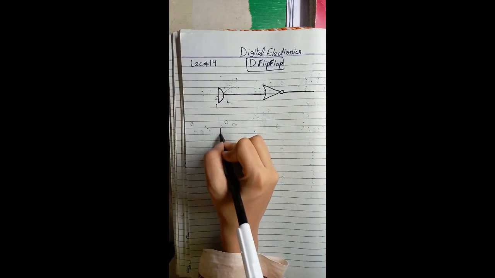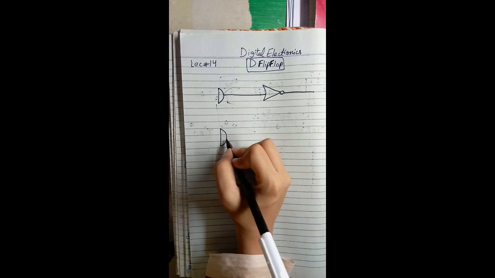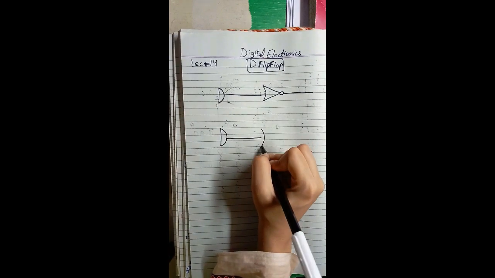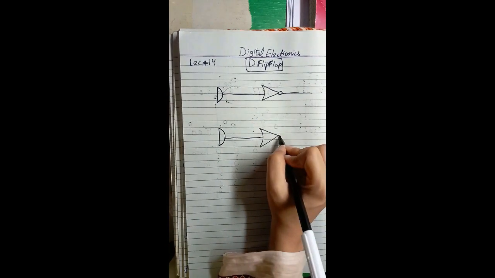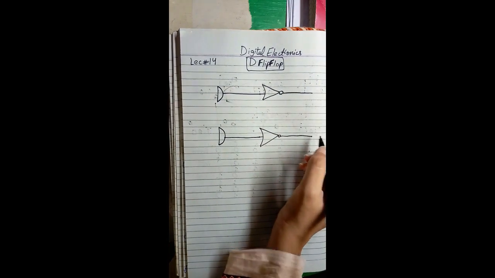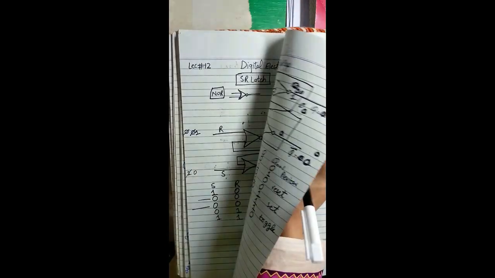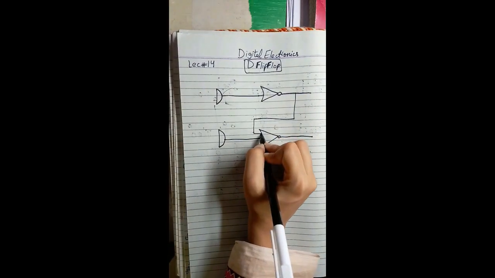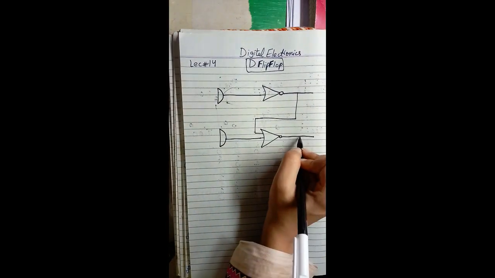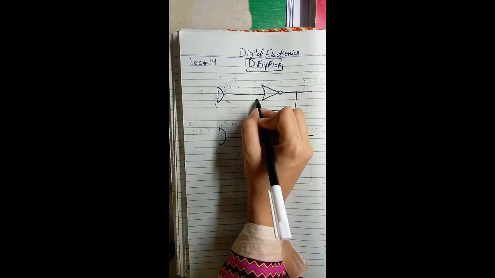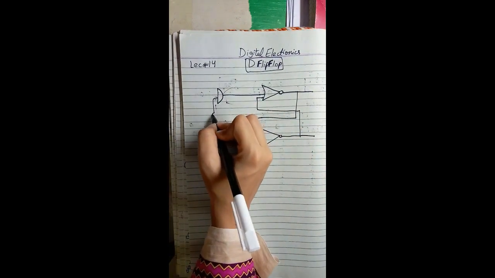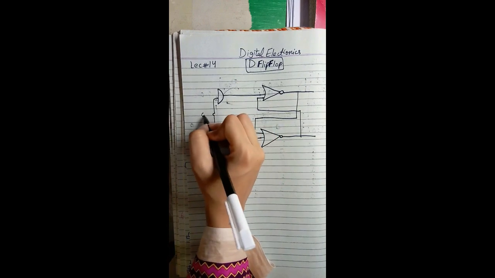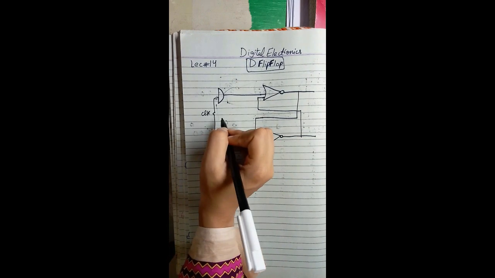We will repeat it again. We will have the AND gate. It is connected with the NOR gate, and we will have our output. The next step is these outputs are the inputs of the NOR gate, like this. This one also is the input of the NOR gate, and here we have the clock connected with both of our AND gates.